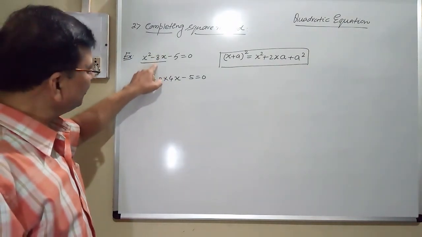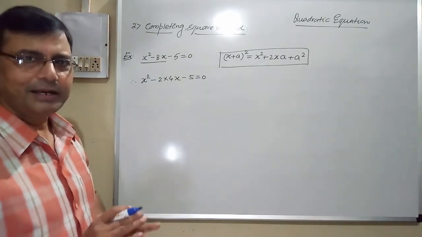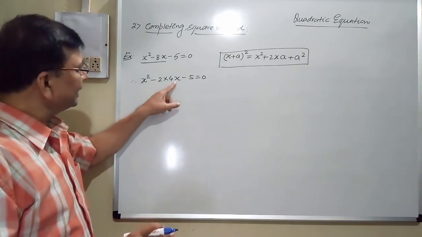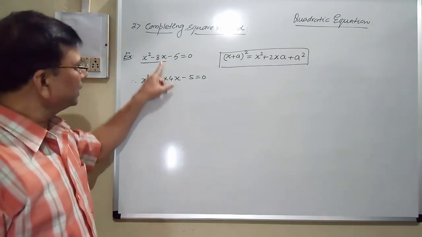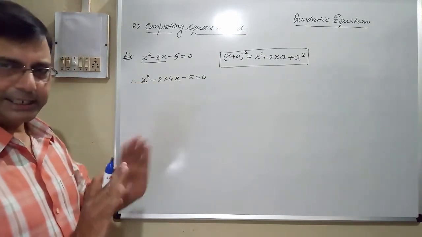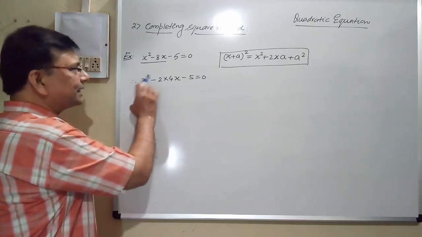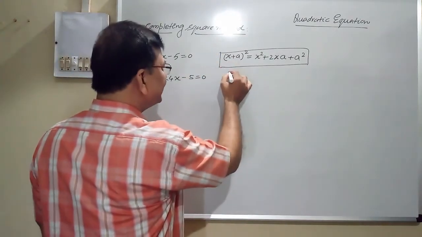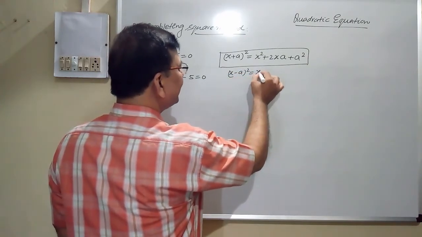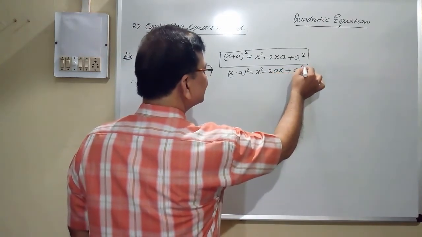So we will have to break this constant term into something, and that something will be the second term. So 2 into something, in this case it is 2 into 4 into x, minus 5 is equal to 0. The equation is not changing. Another thing I will tell you: if it is x minus a whole square, then it is simply x square minus 2ax plus a square.